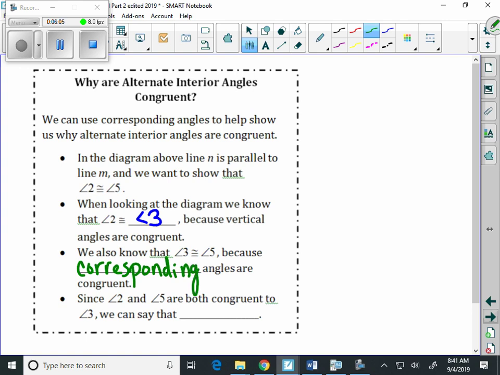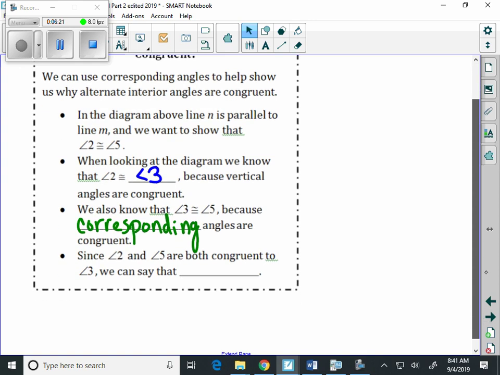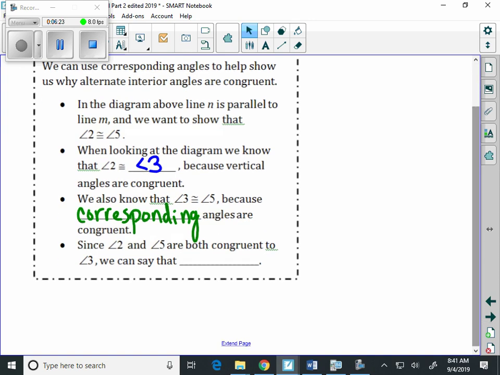So angle 2 is congruent to angle 3, and angle 5 is congruent to angle 3. Because both of those angles are congruent to angle 3, we can say that angle 2 is congruent to angle 5.